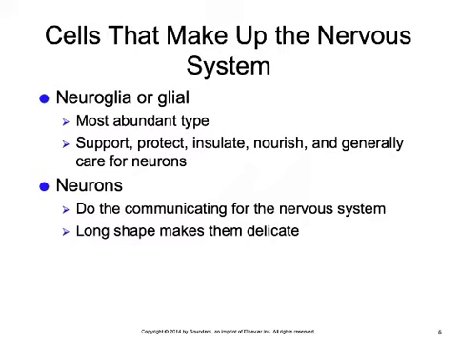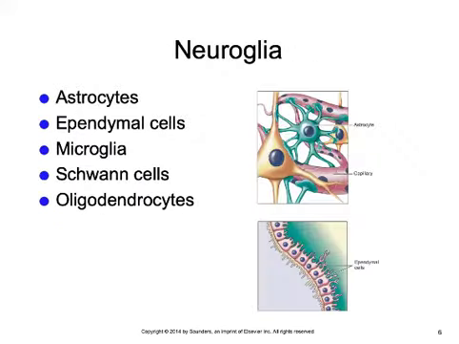In the central nervous system, the glial cells that help this out are called the astrocytes, the ependymal cells, the microglia, and the oligodendrocytes. Okay, what do they do? Well, the astrocytes essentially do the grocery shopping and the waste removal for the neurons in the central nervous system.